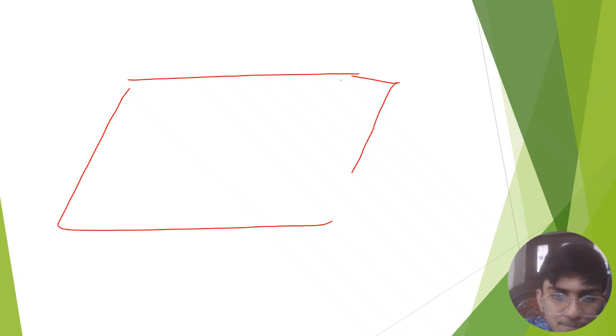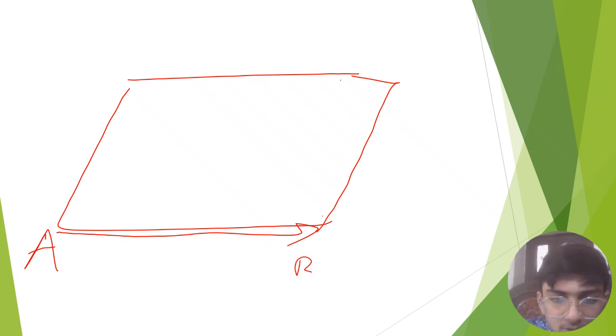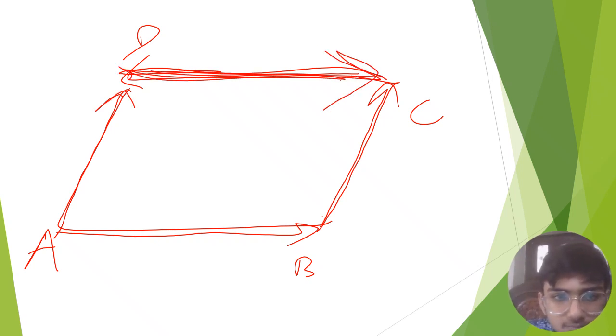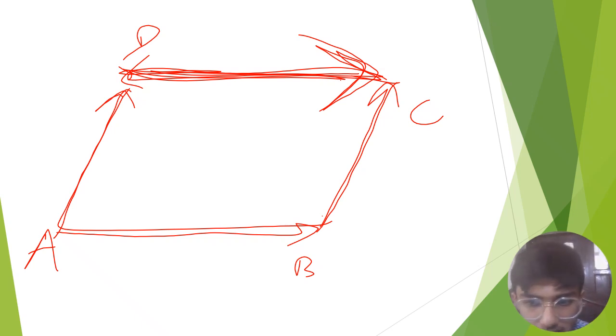So this is a parallelogram, so it will look like this. Suppose this is A, and we write B, C, D like this. Since these are parallel vectors, we can use AB, BC, CD, and DA.